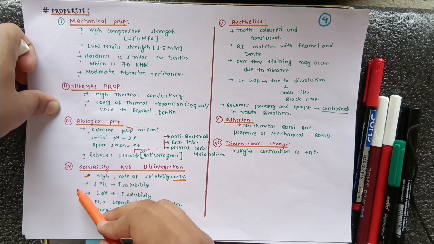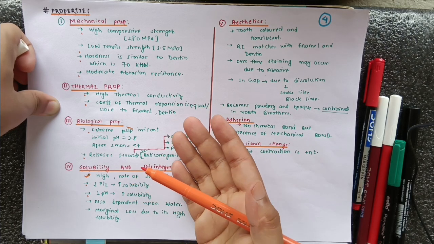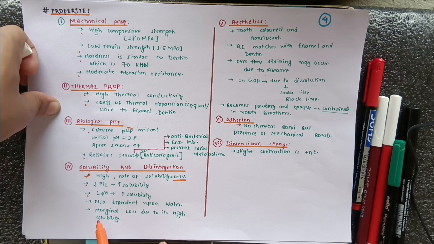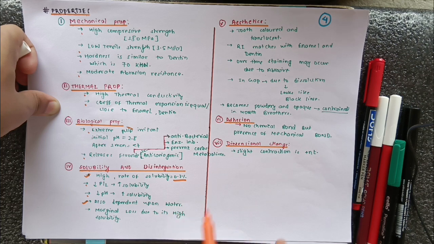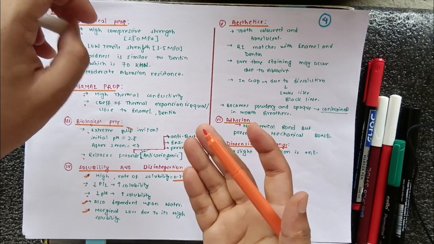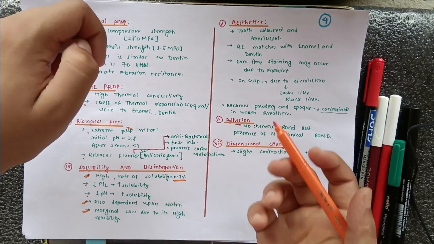Another point is that the solubility of the cement also depends on the water. Marginal loss is due to the high solubility, so this is a disadvantage. As it is highly soluble, it causes marginal loss, and marginal leakage is present there, so this is its disadvantage.